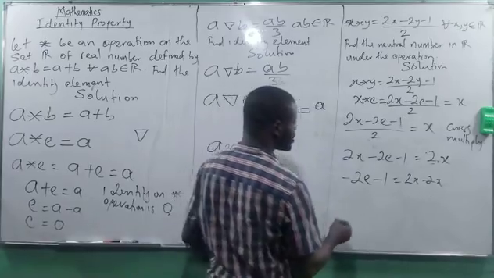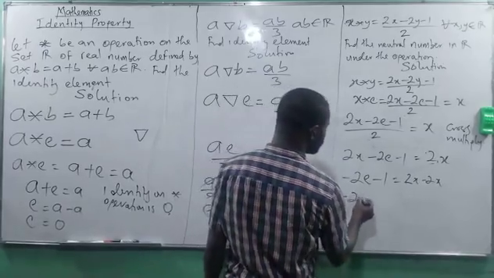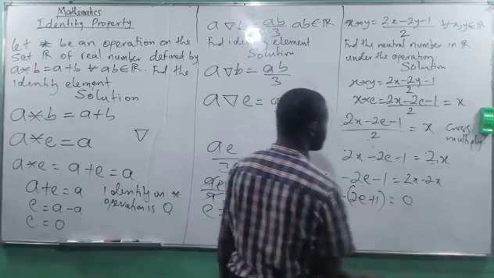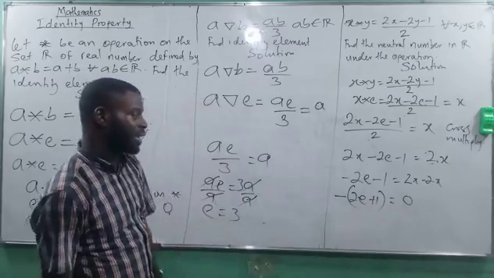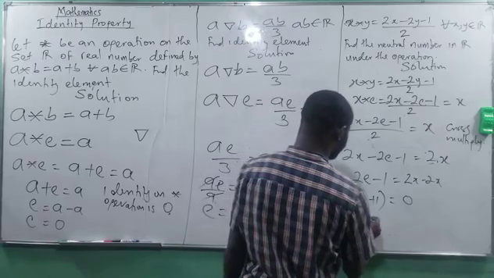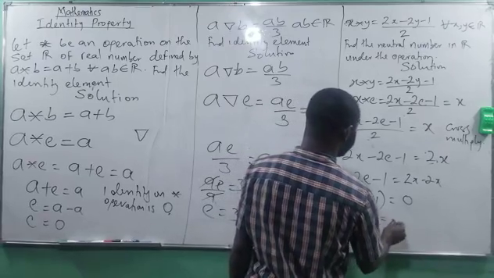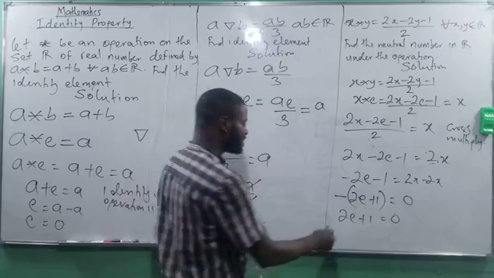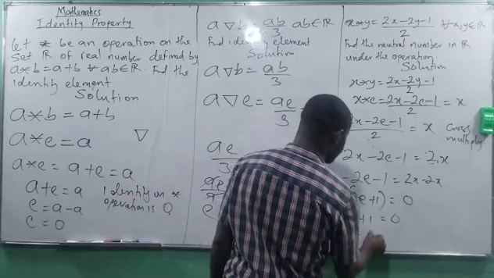Now, at this junction, I'll be having minus bracket of 2E plus 1 equals 0, because 2X minus 2X equals 0. Now, dividing both sides by minus, I will still have 2E plus 1 equals 0. Now, it means my 2E equals minus 1.